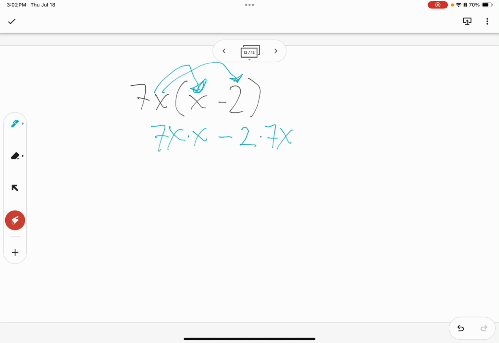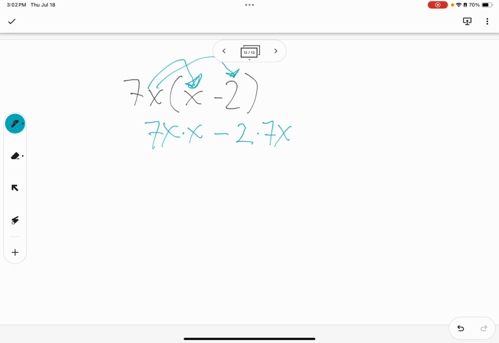So 7x times by x, well, the coefficient here is a 1, an invisible 1. So 7 times 1 equals 7. Now multiply the variables together. X times x equals x to the second power.